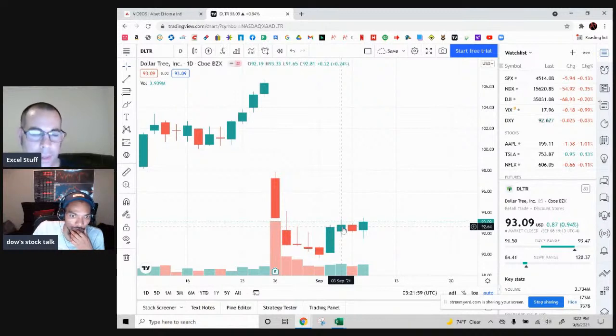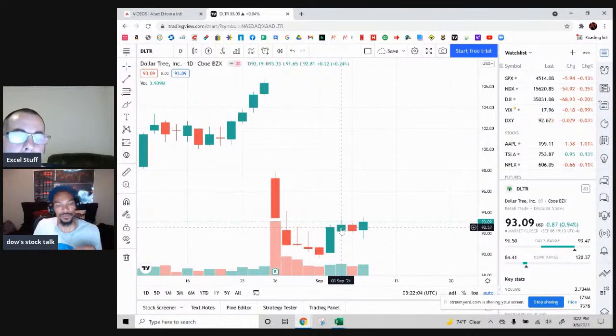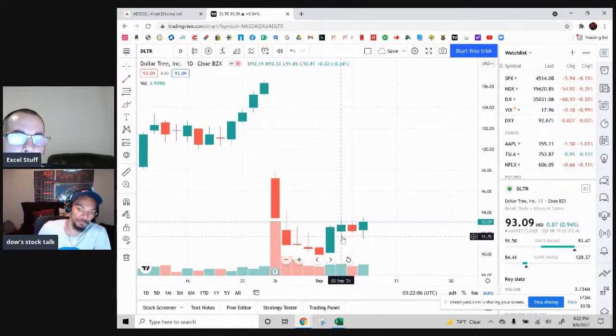Why do some have two wicks? Because one wick is the highest it got and the other is the lowest it got. But some only have one wick.